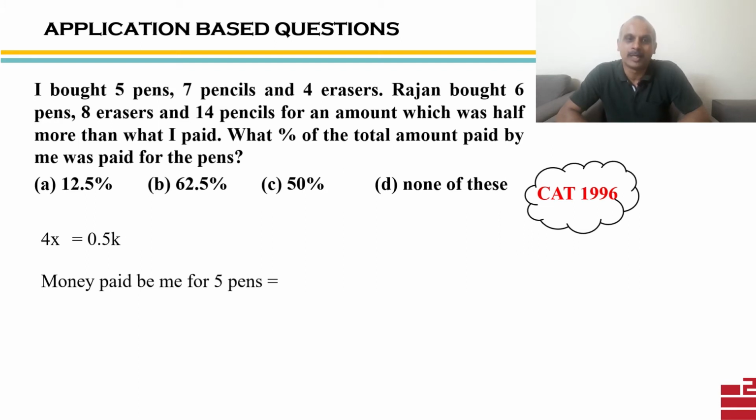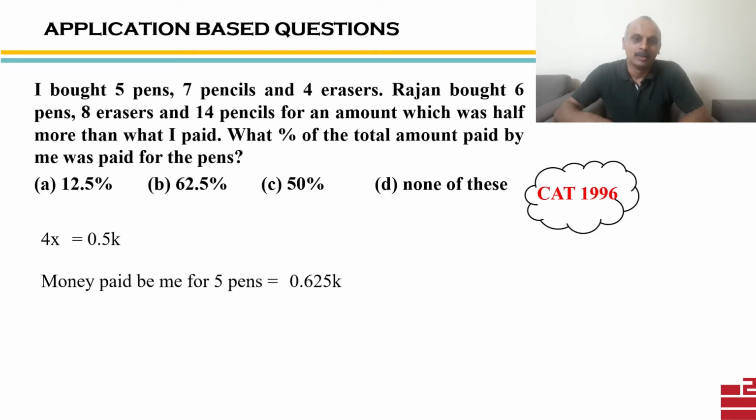That's 0.125k. Now since I have bought 5 pens, the cost of one pen is 0.125k, so the cost of 5 pens will be 5 times that, which is how much? That's 0.625k.